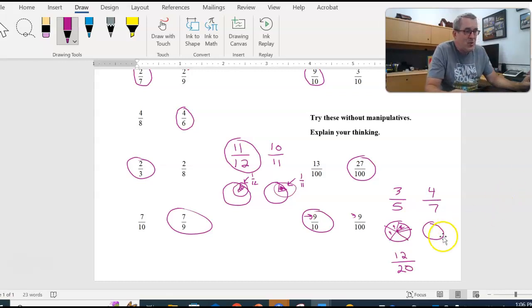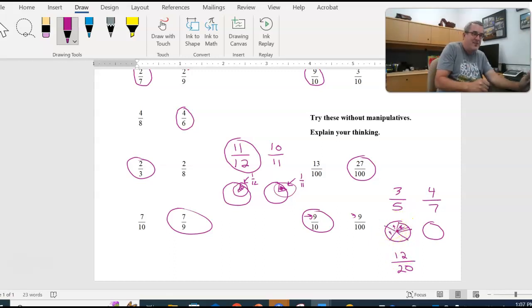That is, 12/20ths would be the same thing as 3/5. Why? Because I took each of the 3 copies, broke it up into 4 smaller pieces each. 4, 8, 12. I did that for all of the fifths. 4, 8, 12, 16, 20. So 12/20ths and 3/5 are the same thing.